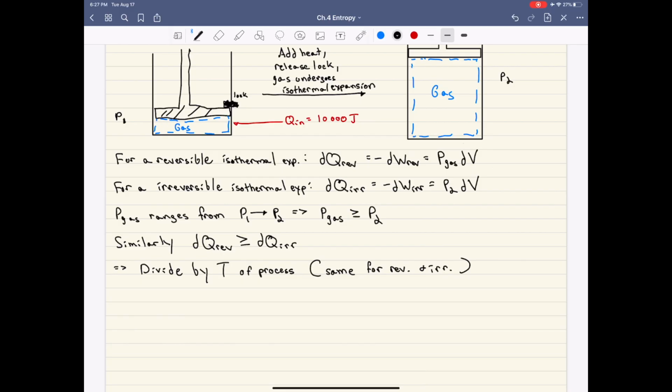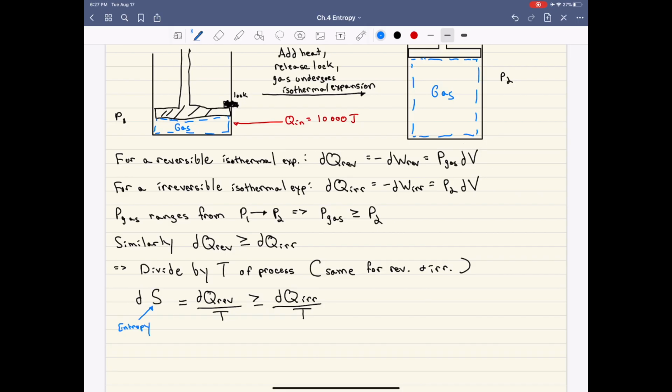So we have dq rev divided by T is greater than or equal to dq IRR divided by T. Now this ratio we have here, dq rev over temperature, we're going to give a new variable name. We're going to call this dS, where this S stands for entropy.